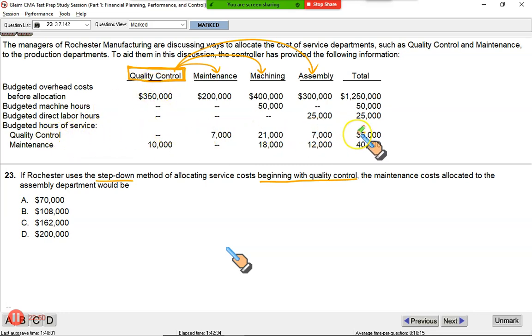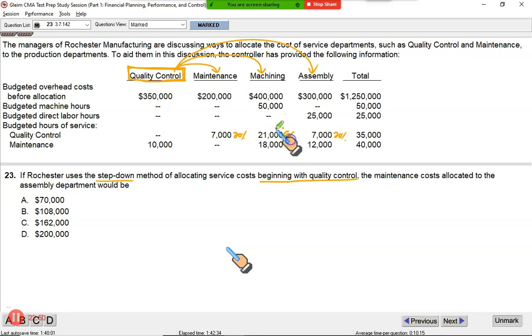Quality control serves a total of 35,000 hours. Out of this, 7,000 goes to maintenance, 21,000 to machining, and 7,000 to assembly. If you add all these, 7 plus 21 plus 7 gives you 35. If you convert these into percentages, it is going to be 20%, 20%, and 21 by 35 is 60%.